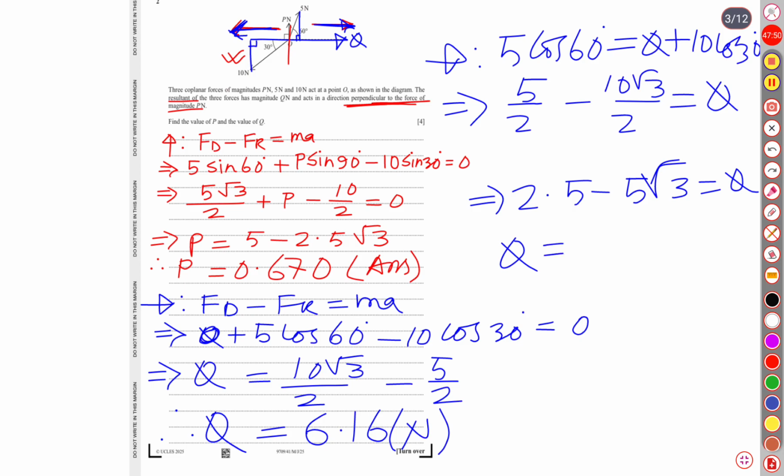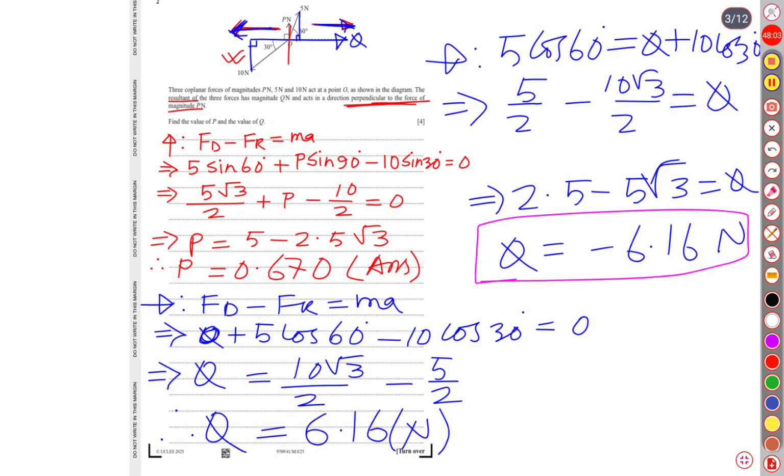So Q is getting negative 6.16 Newton. That's why this is the point to be noted. If we assume Q is on the negative side, then the force will not be equilibrium. That's why it shows that Q is on the right side, I mean positive x direction. Q will be the positive x direction.